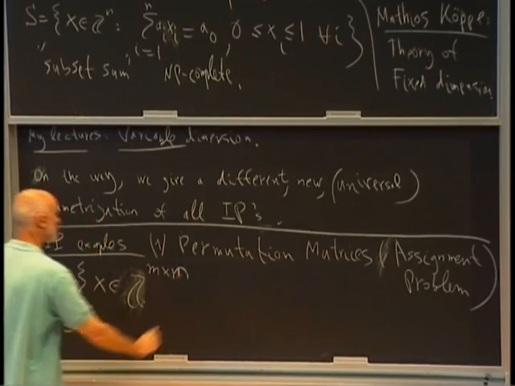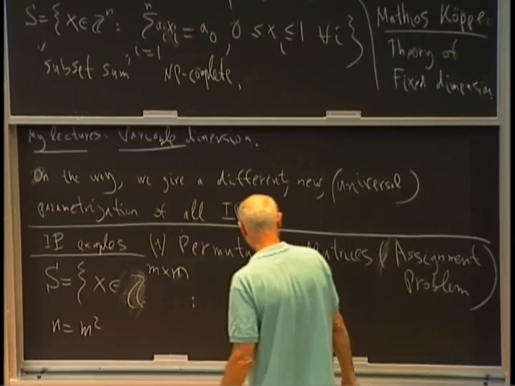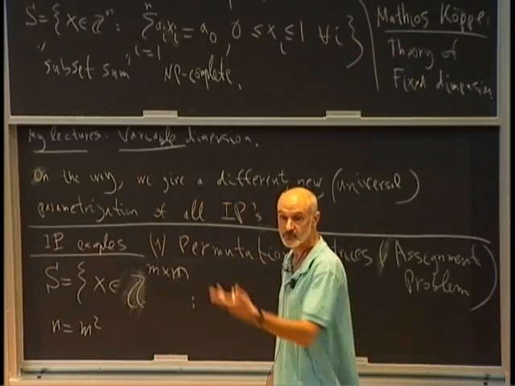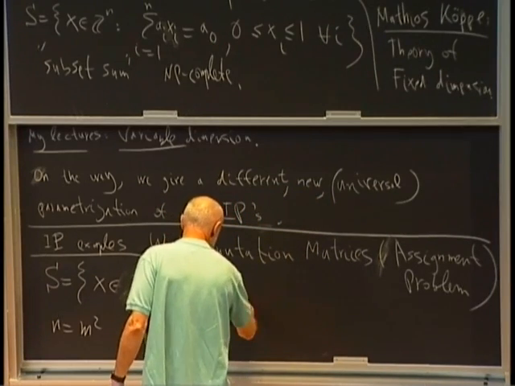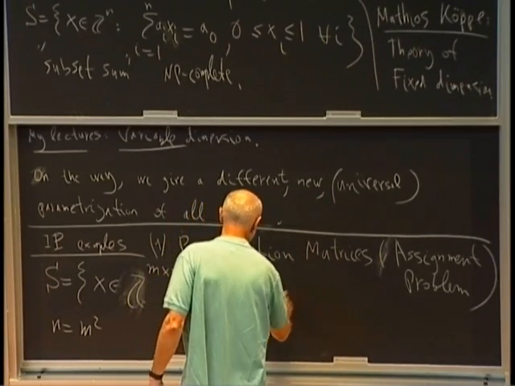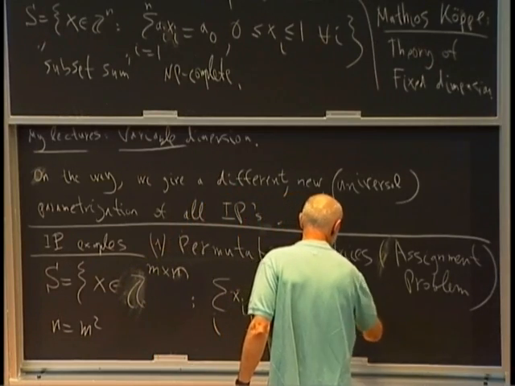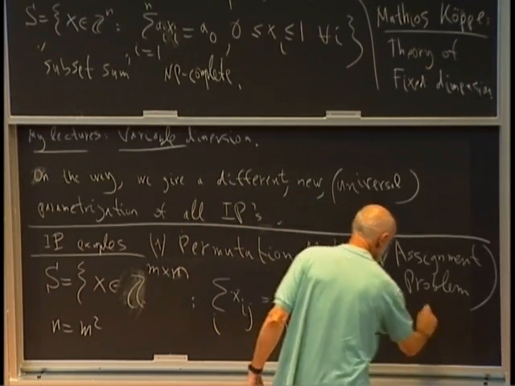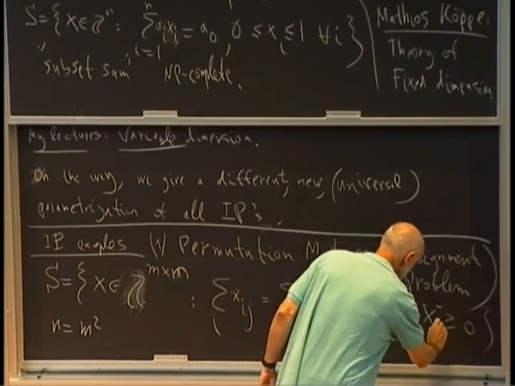M by m permutation matrices, such that first of all they have to be non-negative, and the sum on each row and column should be 1. Sum over i of x_ij equals sum over j of x_ij equals 1 for all i and j, and x is a non-negative matrix. Or let's say each entry is non-negative.